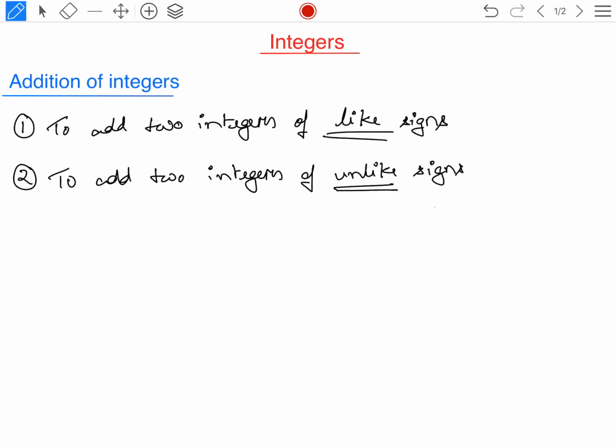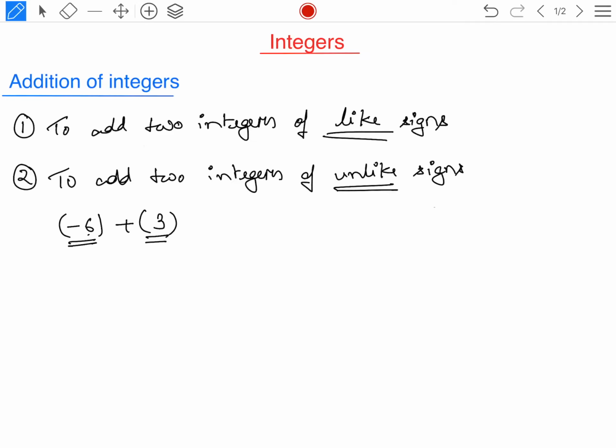The first one was for like signs, the second one is for unlike signs. For example, -6 plus 3. In this case, one integer is -6 and the other one is 3. We need to add -6 to 3.